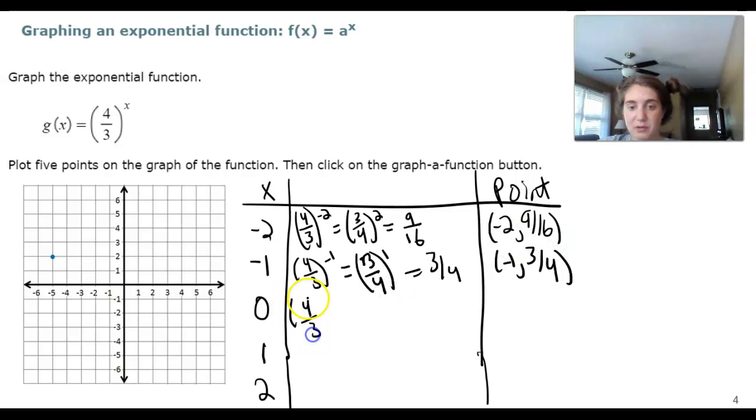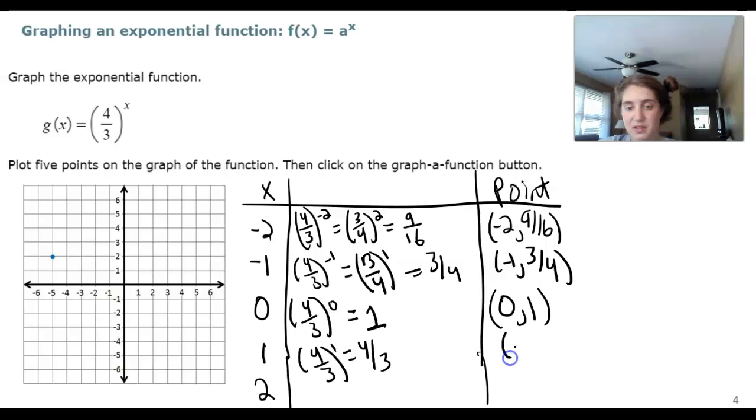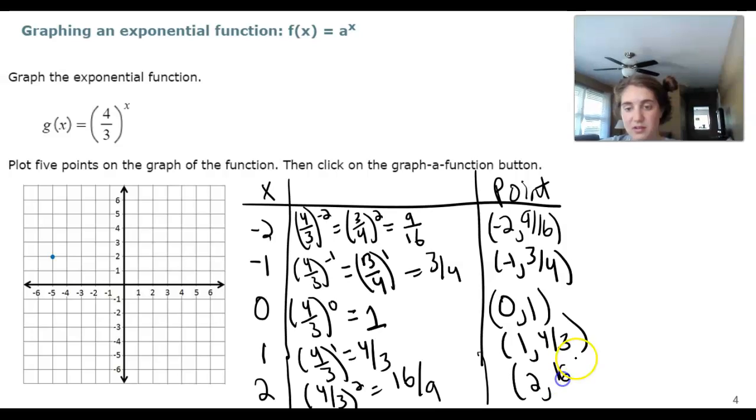Anything to the 0 is 1, so I have the point 0, 1. 4/3 to the first is 4/3, so 1, 4/3. 4/3 squared is 16 over 9. And now I can go ahead and plot these.